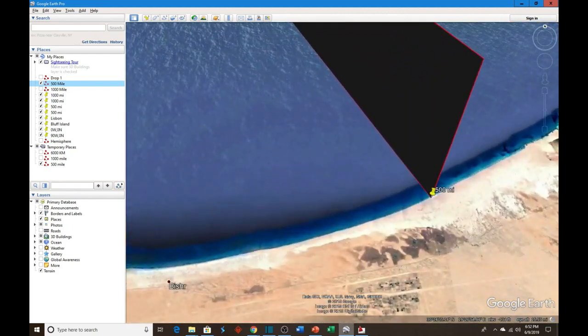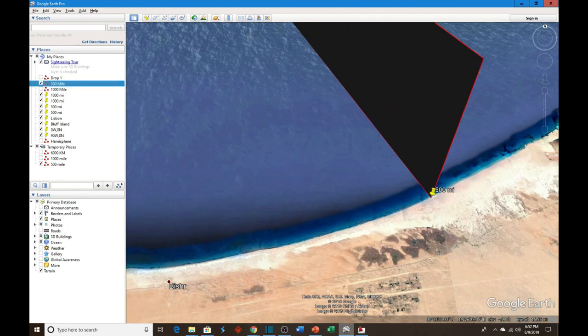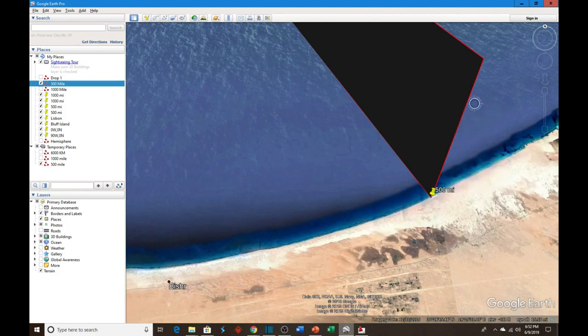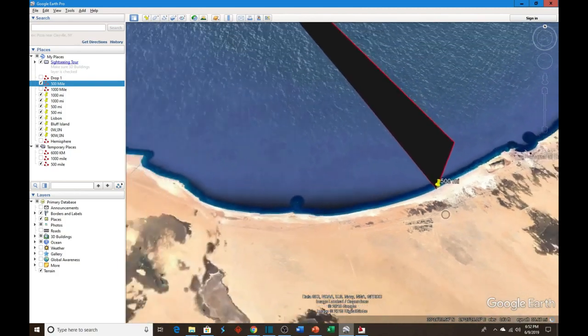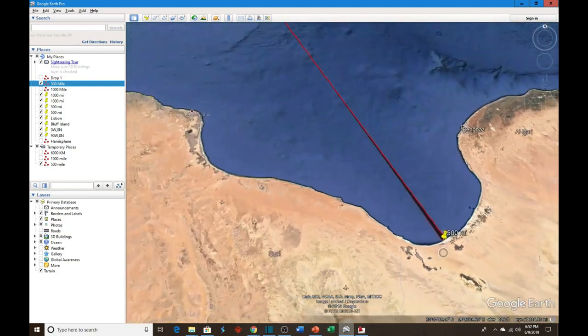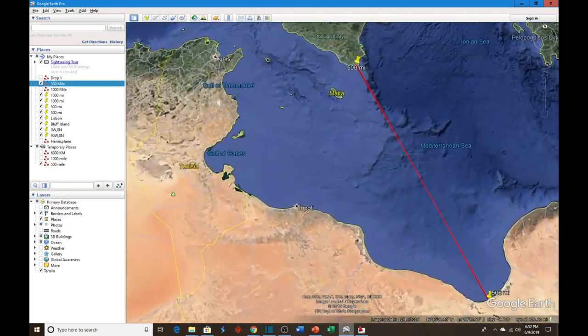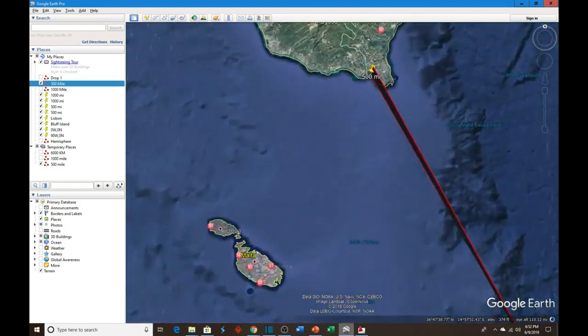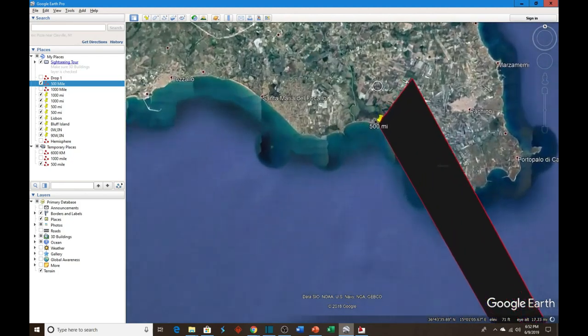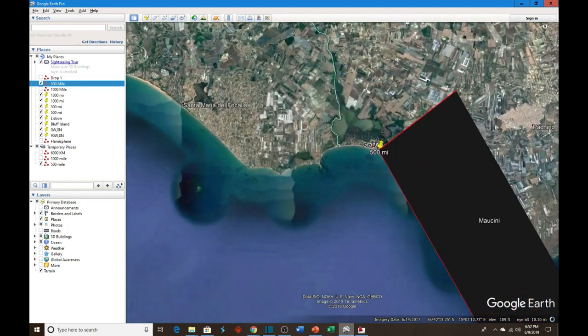It's right there. Let's look at the other end of it. Same thing. The drop is right there.